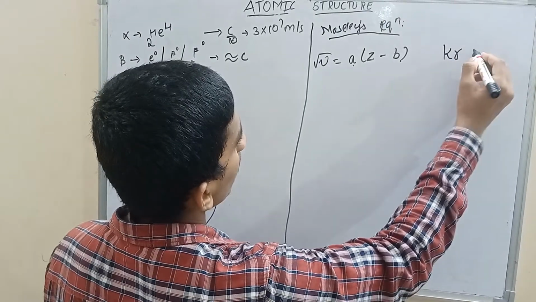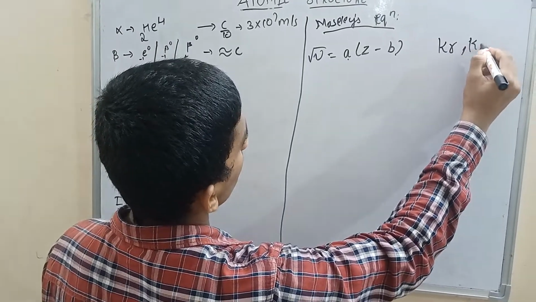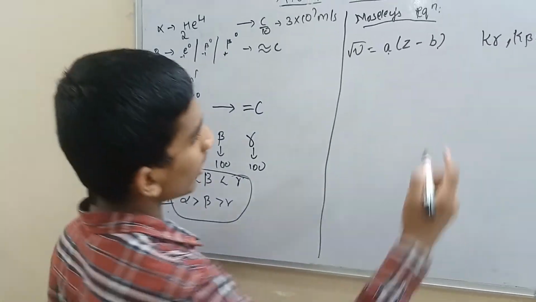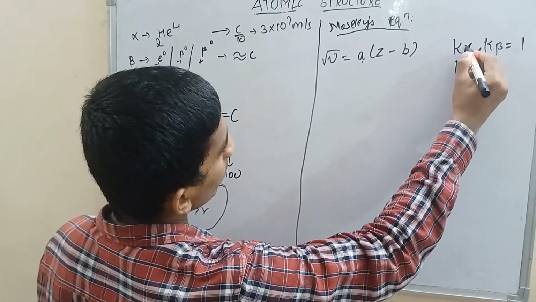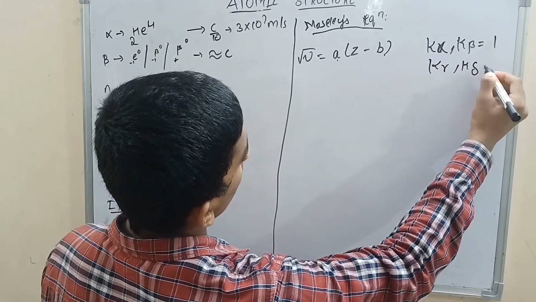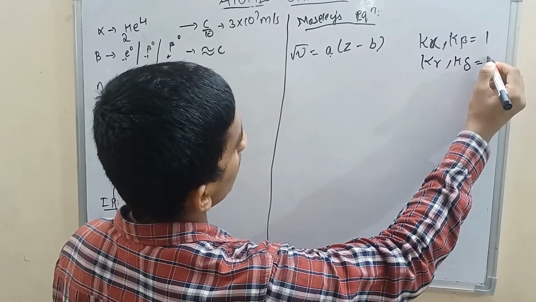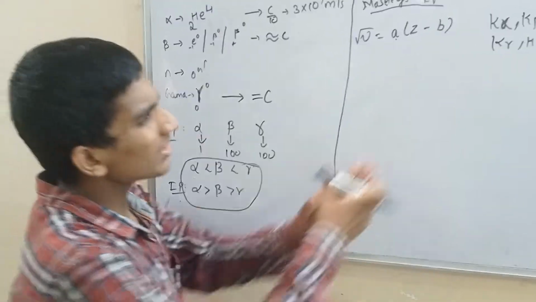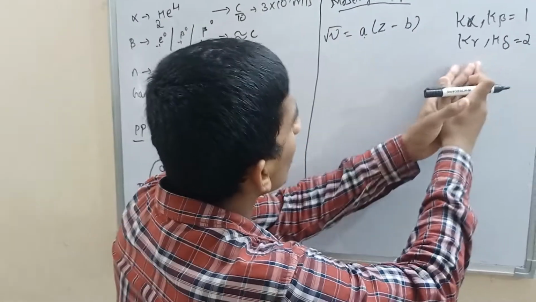For K alpha, K beta, b has a value of 1, and for K gamma and K delta, they have b value 2. These are K alpha, K beta, K gamma, K delta.